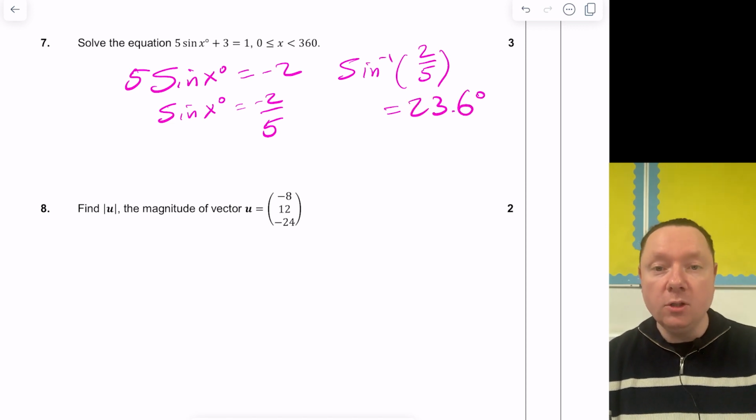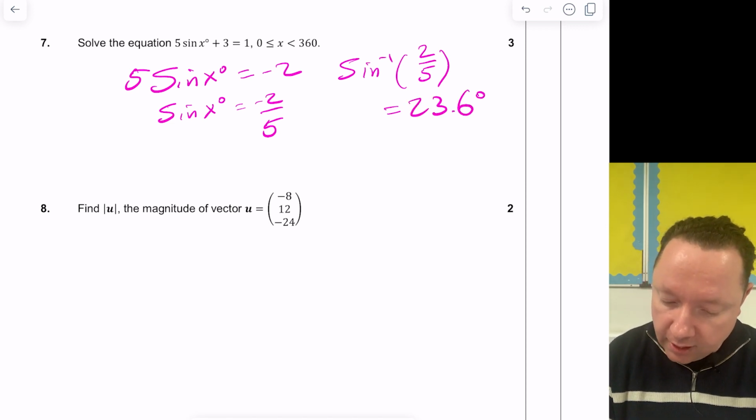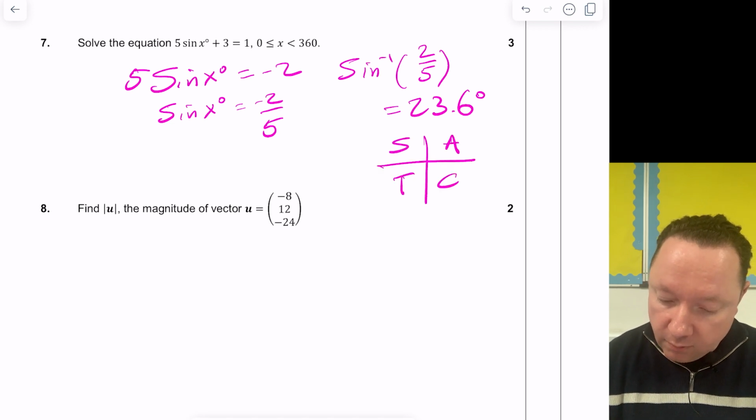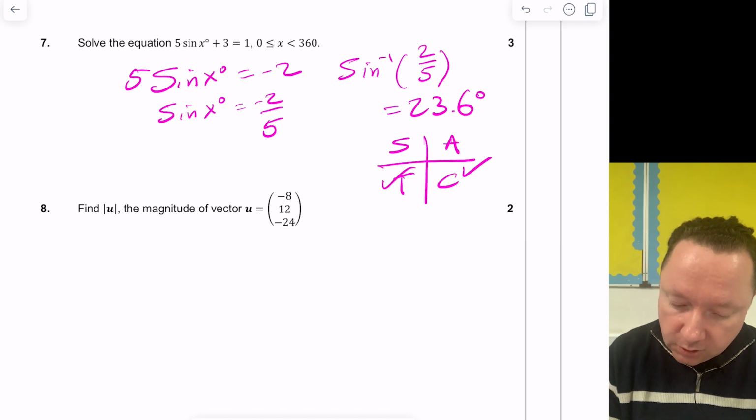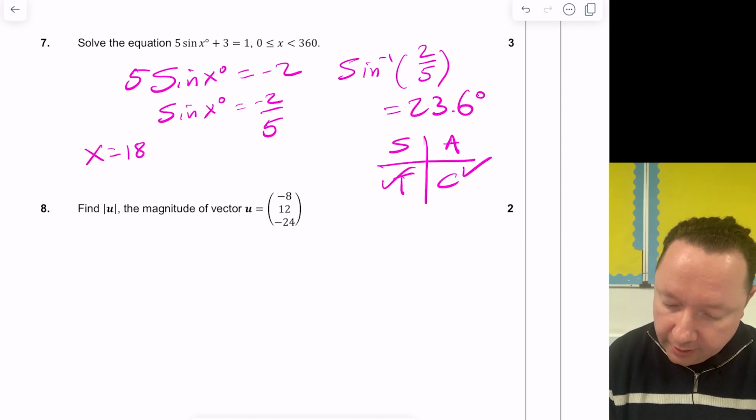Now we notice that the sine is negative. I always do a positive in a CAST diagram. Sine was negative, so it's not A and S, it's T and C. So x equals 180 plus 23.6 and 360 minus 23.6.